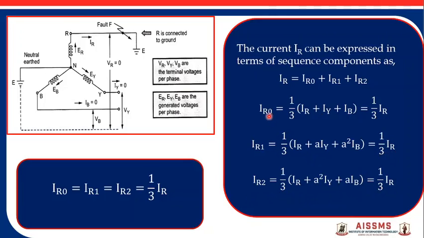So if we want to find IR, it will be 3 into IR0, equal to 3 into IR1, equal to 3 into IR2.